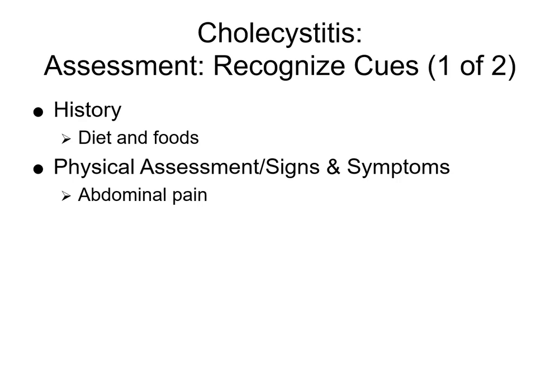Okay, anorexia, flatulence, the pain will be triggered by that high-fat or high-volume, high-calorie meal, steatorrhea, the jaundice, clay-colored stools, dark urine, fever.